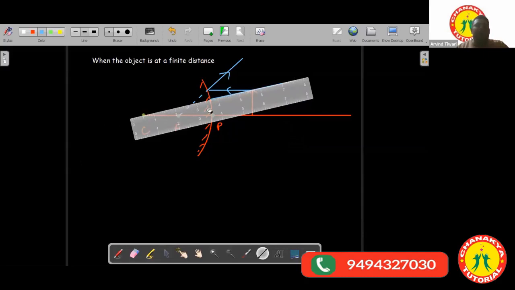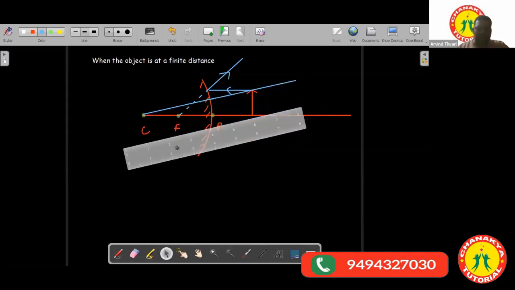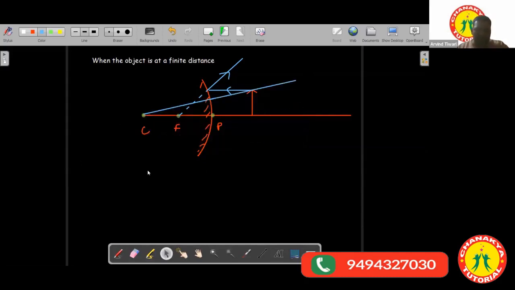So this will be in line of center of curvature, and backward through C you will be drawing dotted lines. So like this, use your ruler and make it dotted.